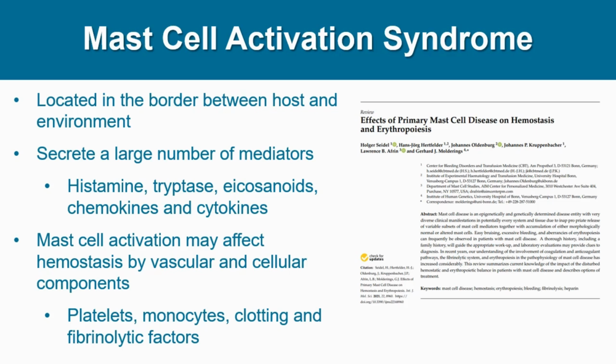You might be familiar with things like allergic rhinitis, asthma, and things like that. But they are located between the host and environment, such as the skin, the GI tract, respiratory mucosa. And so they have easy contact with external environments and pathogens.